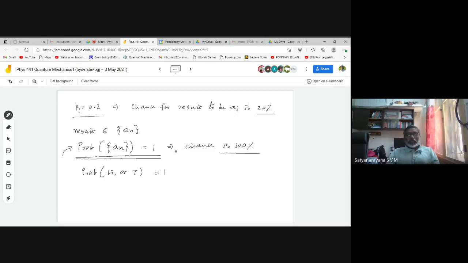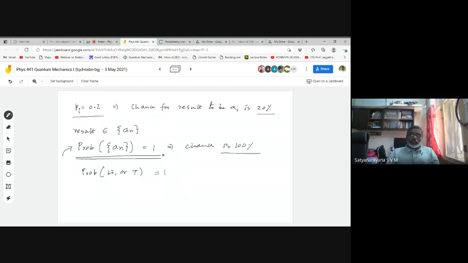That certainty is guaranteed by saying the total probability is equal to 1. Now, what do you mean if total probability is equal to 2? You have to go back and redefine all your notions of probability. But this one is important because it is 100%. So that is the concept of normalizing it to 1.